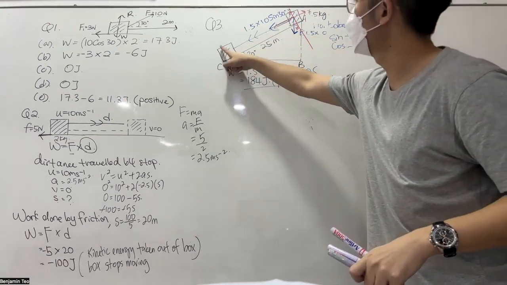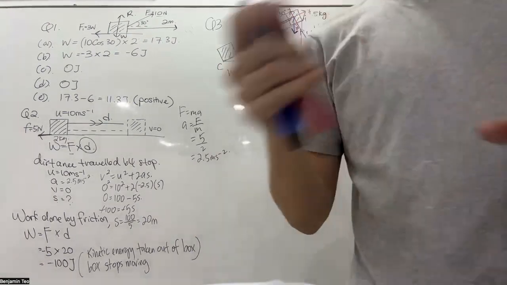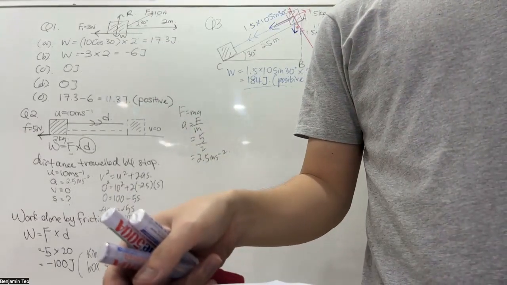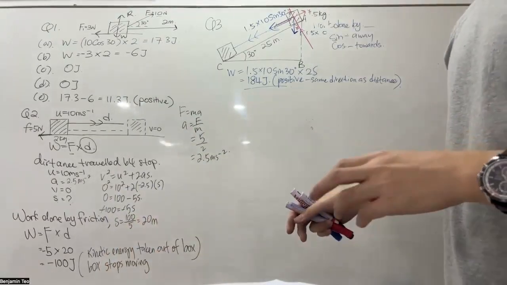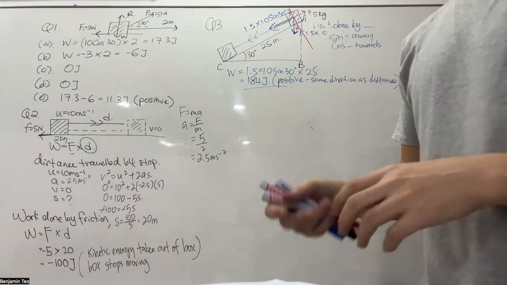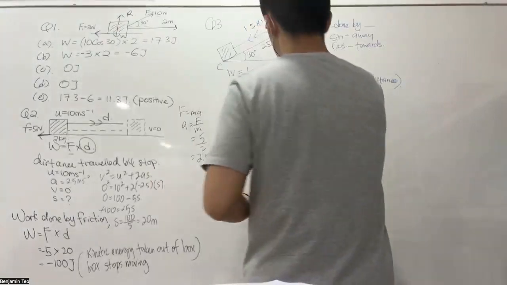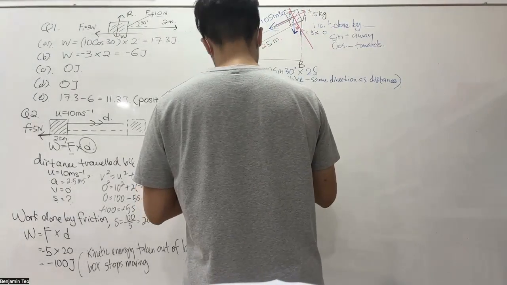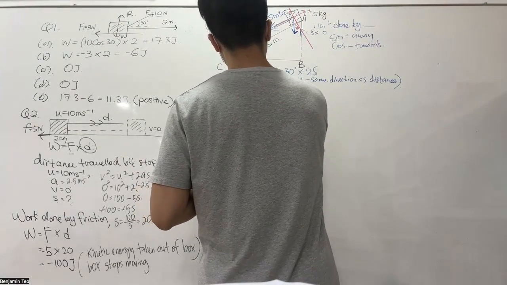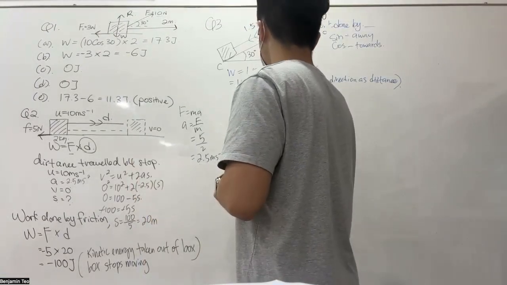When it slides down here, the speed should be greater. Right? Any questions? Where? Oh, 187.5. Yes, 187.5, because I used 9.81.